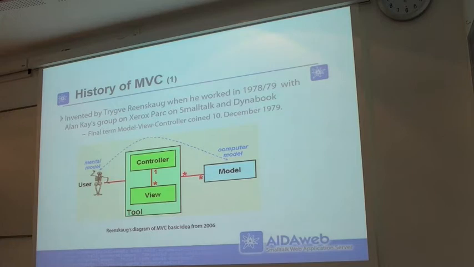And this picture here is his reflection from 2006, actually, back on the MVC pattern. So he then developed things a little bit further, and he came to the main point that the user's mental model is transformed to the computer model through the MVC. So the controller and view part is responsible for this transformation of the user's mental models to the computer models. And he went a little bit further about this.